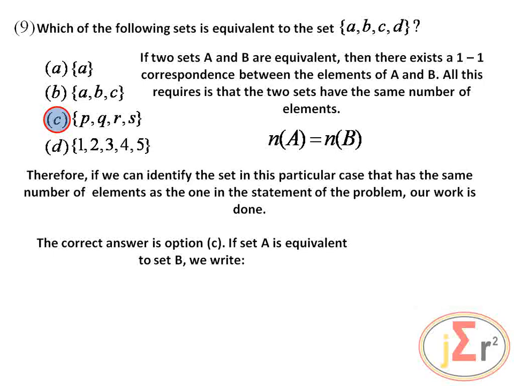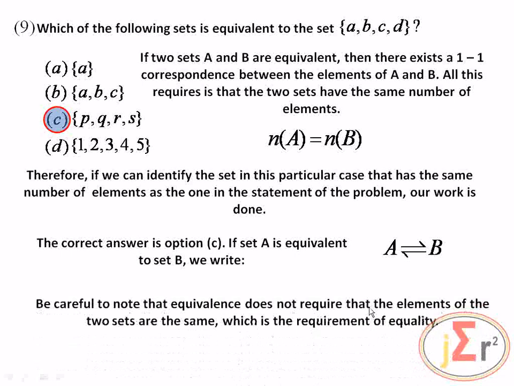And if set A is equivalent to set B, we write it like this. So this is how we express equivalence between sets. It is an arrow with half of the arrow point going in one direction, and then another arrow with half of the arrow point in the other direction.